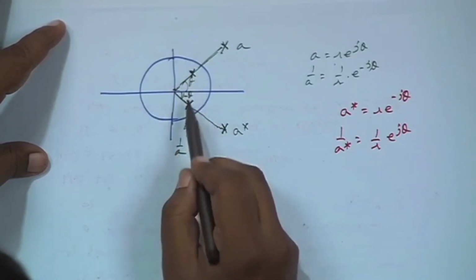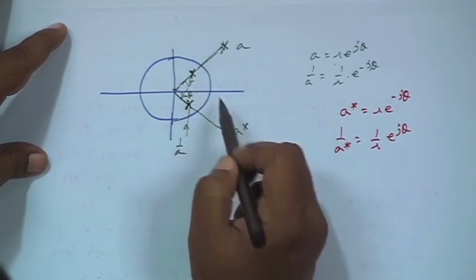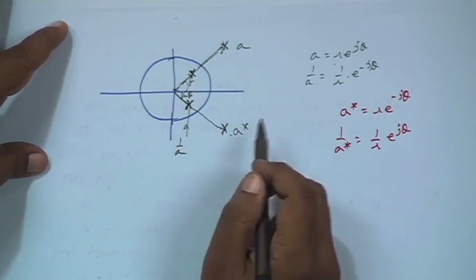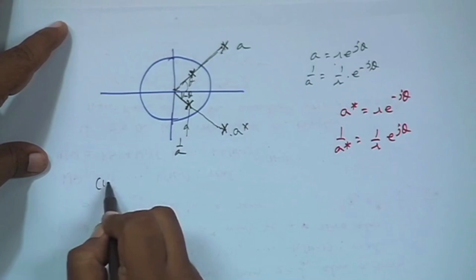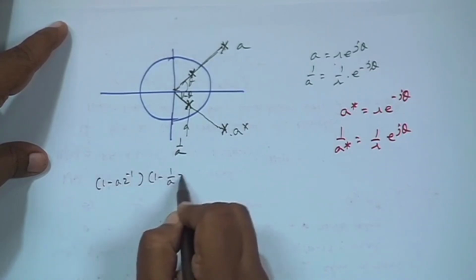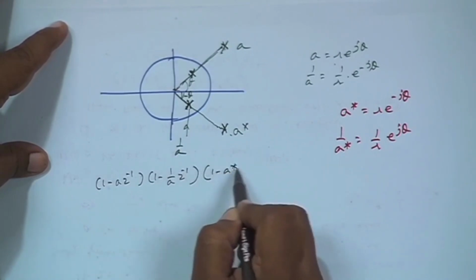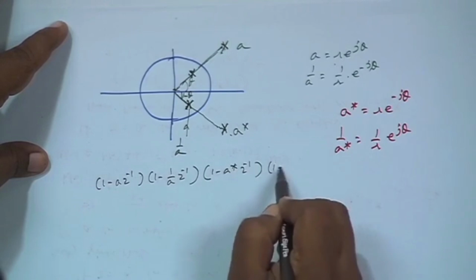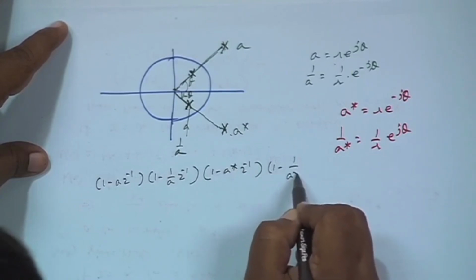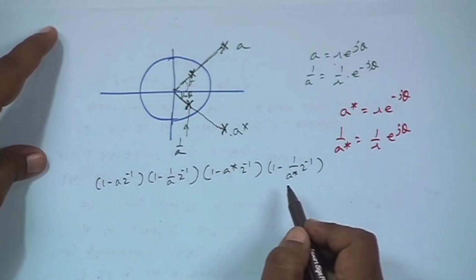So this is the conjugate of this, the reciprocal of this, the reciprocal of this. If you take out these 4 factors now, 1 minus a z inverse, 1 minus 1 by a z inverse, and then 1 minus a star z inverse, 1 minus 1 by a star z inverse, you will see it is a linear phase system.